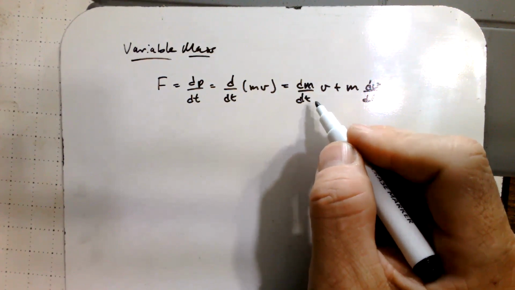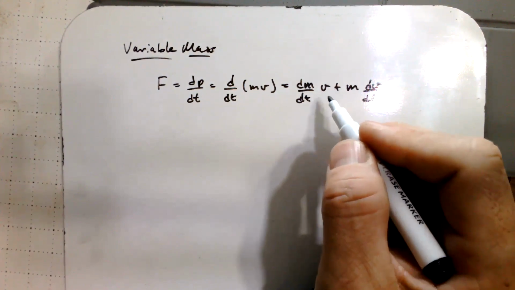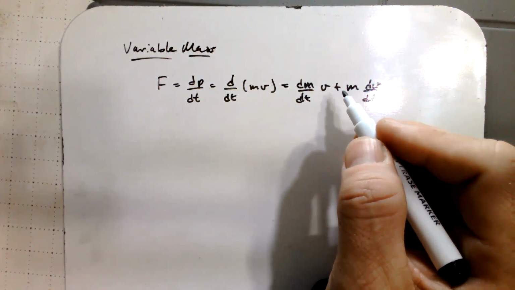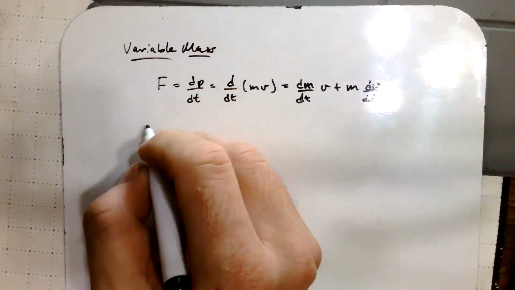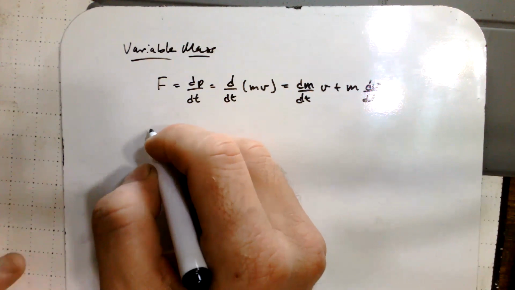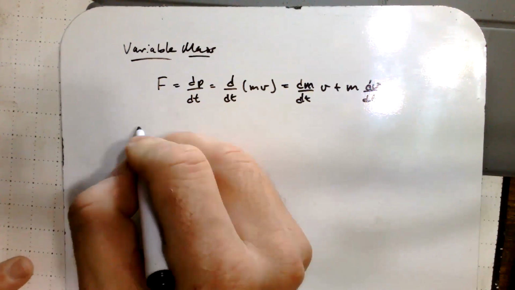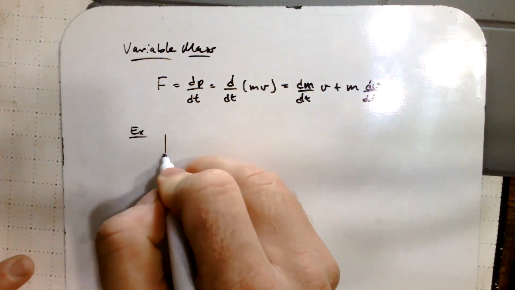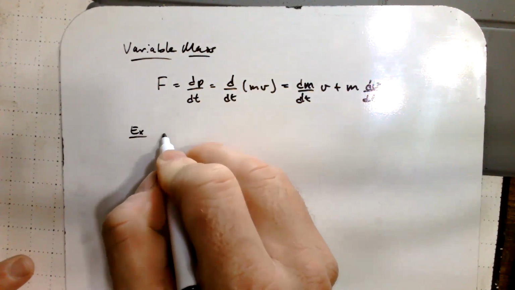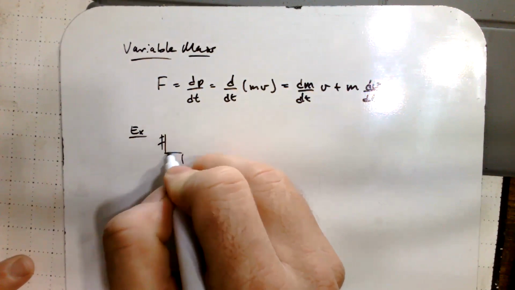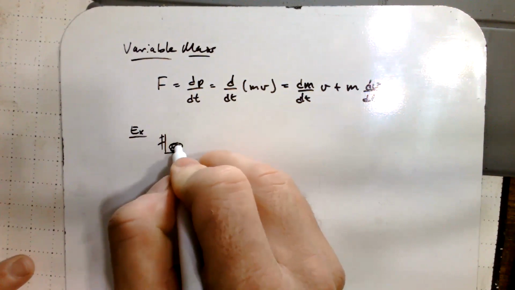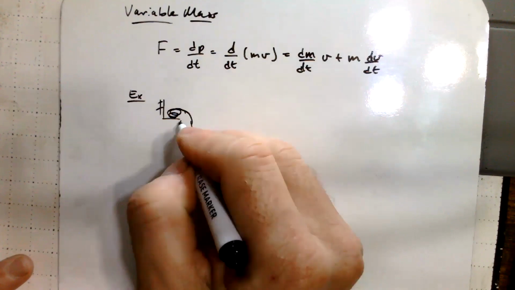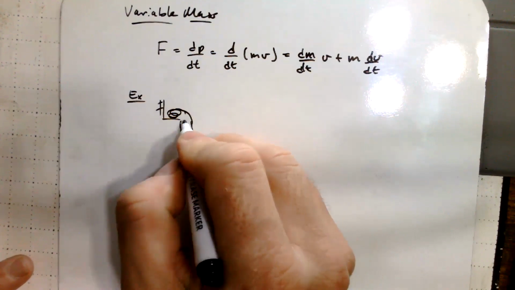So that's really cool. So let's do an example with this one instead of just explaining or deriving some sort of solution to something. So in the example we have in the notes, we're looking at a chain. You can imagine it's a windowsill, but imagine it's just like a table. So here's the window. There's this pile of chain, and then that part of the chain falls off to the ground like so.